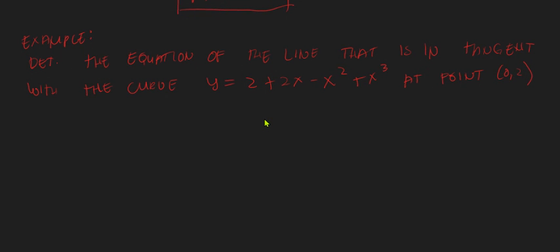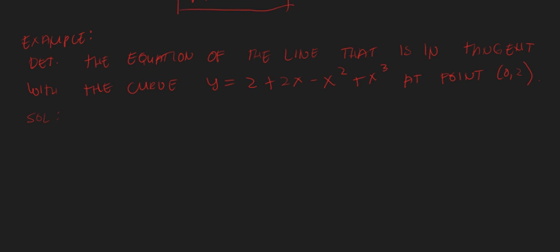It's not just the slope, but we want the equation. To determine the equation of a line, there are different ways. We can use the standard form or the general form of a line. But in our case here, we're given a point, (0, 2). What are the other givens?